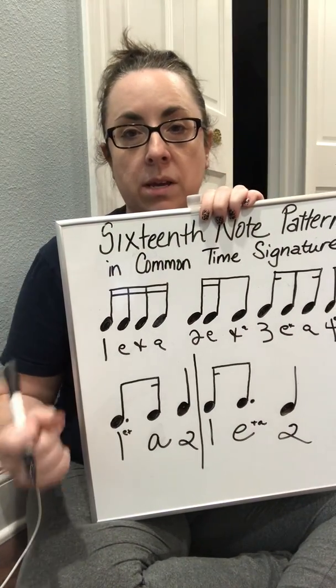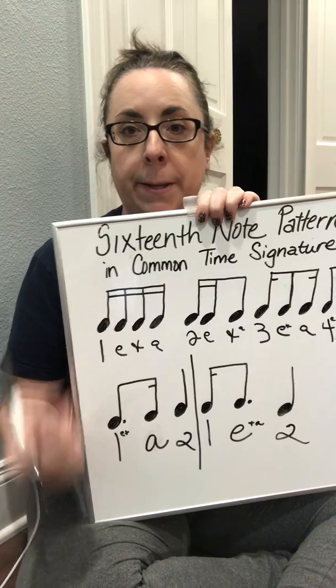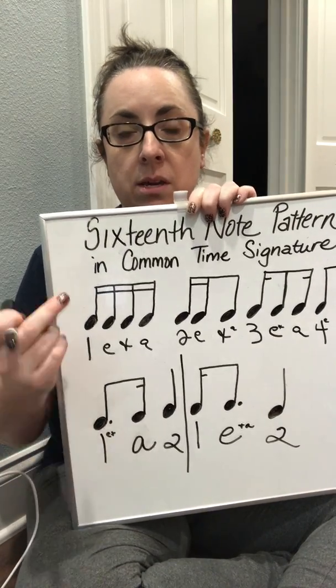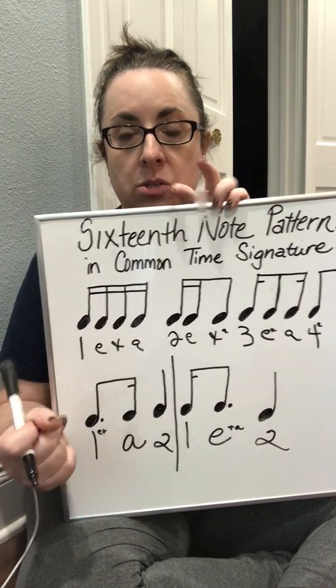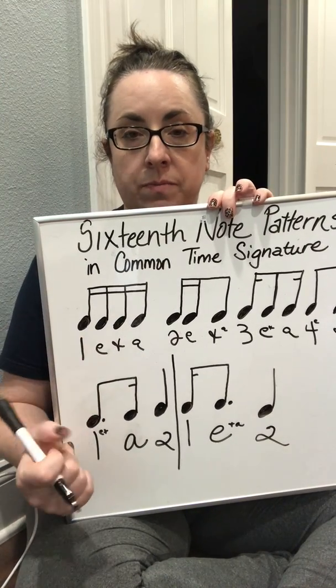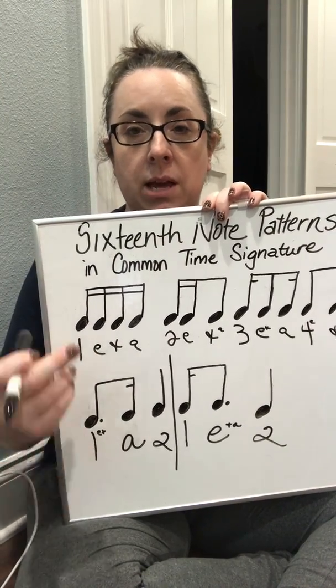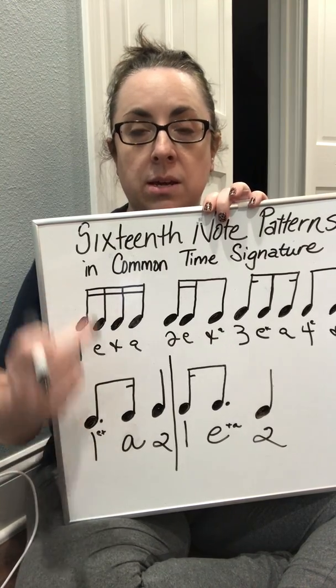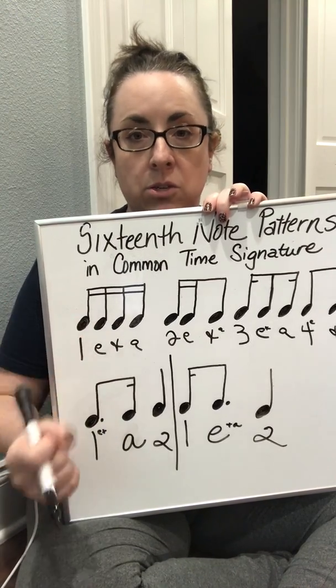So this would be 1 E 2, bum bum bum. In my head I'm counting 1 E and a 2. Count it with me. Ready and count. 1 E 2. 1 E 2.